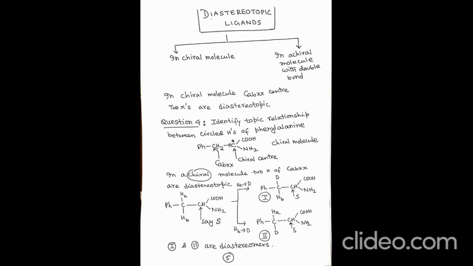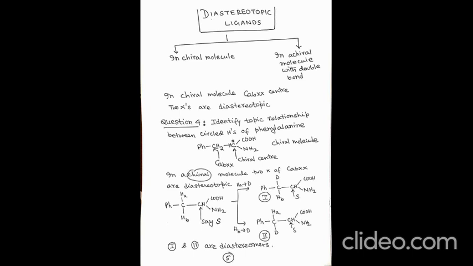Now let us apply our concept to one chiral molecule. Say the question is to identify the topic relationship between the two hydrogens of the benzyl group present in phenylalanine.